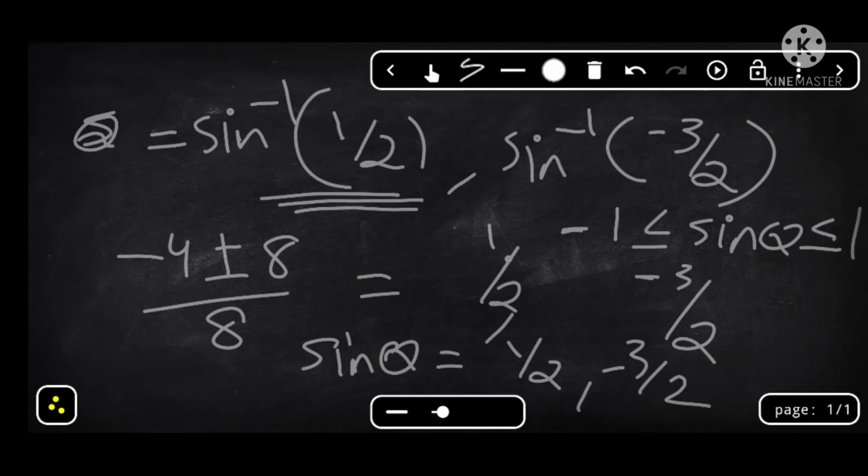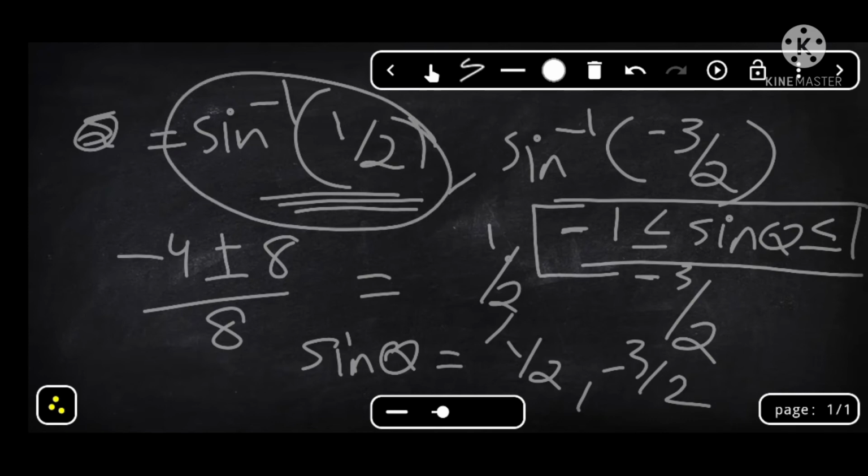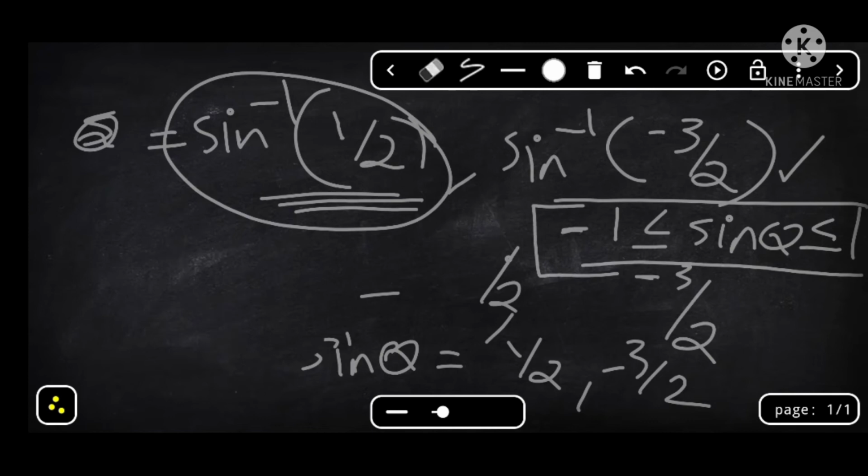So this is the range of sine theta, so that 1 by 2 is not possible. We can only take sine inverse of minus 3 by 2. Okay, so sine inverse of minus 3 by 2 is that will be pi by 6.